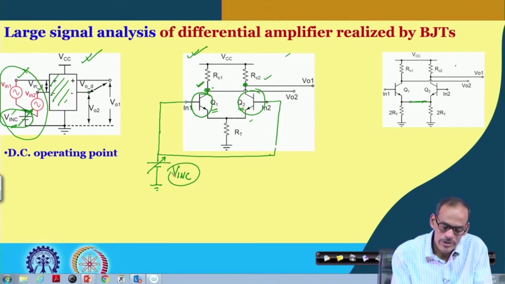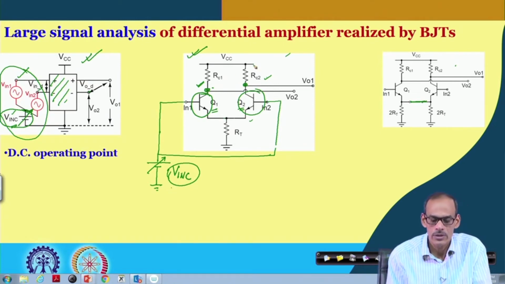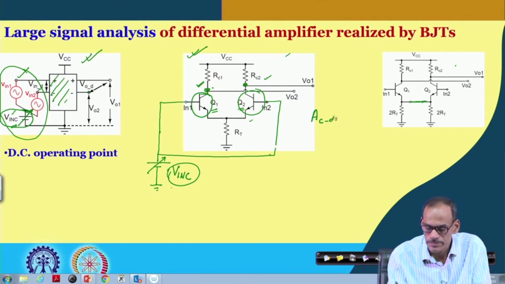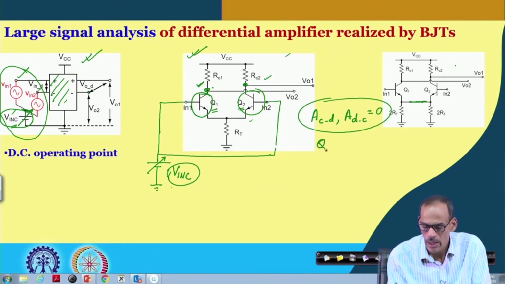So, the range of this voltage should be such that both the transistors are in the active region of operation. Now, we also said that to make ACD and ADC 0, we say that Q1 and Q2 are identical and RC1 equals RC2, right.